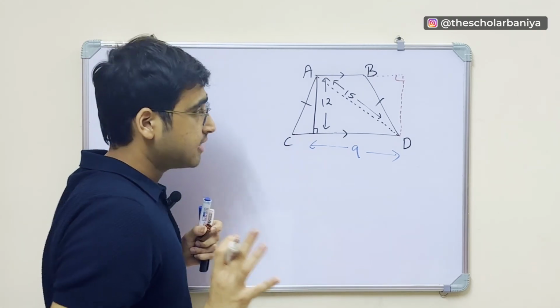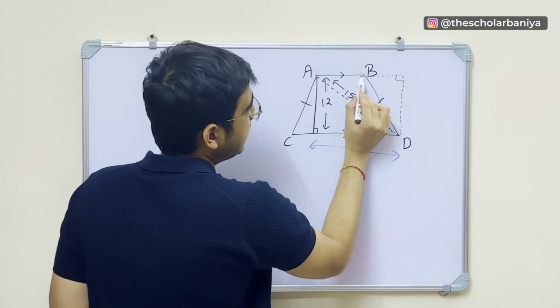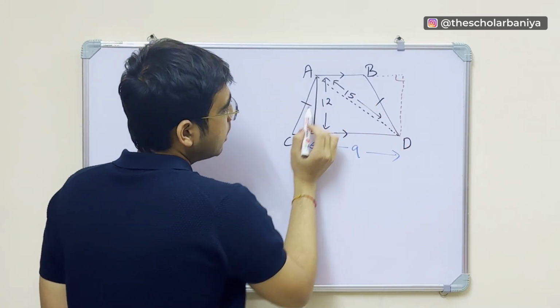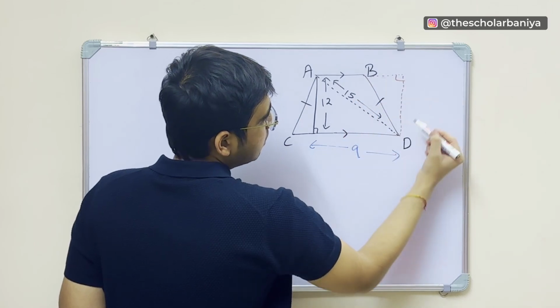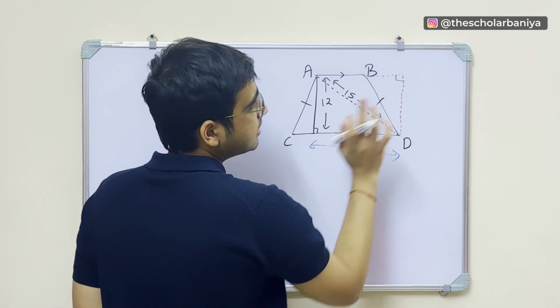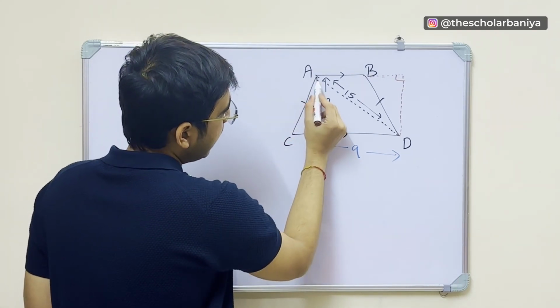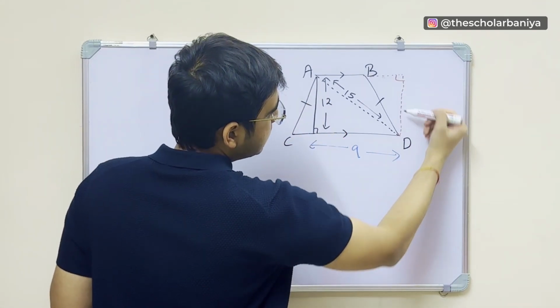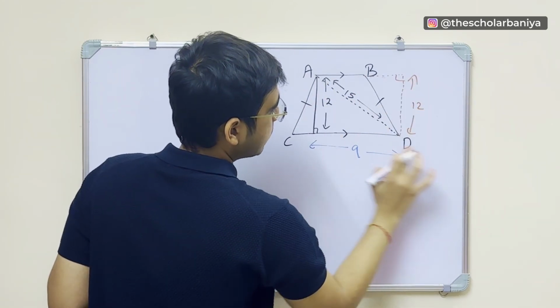Now I'll repeat myself again. So what earlier we had to do was find the area of this figure, right? Now what we did was that we just extended this in such a way that this is exactly the same as this. Why? Because if you see in this triangle, the height is 12, and in this one the height is 12, right? Same.